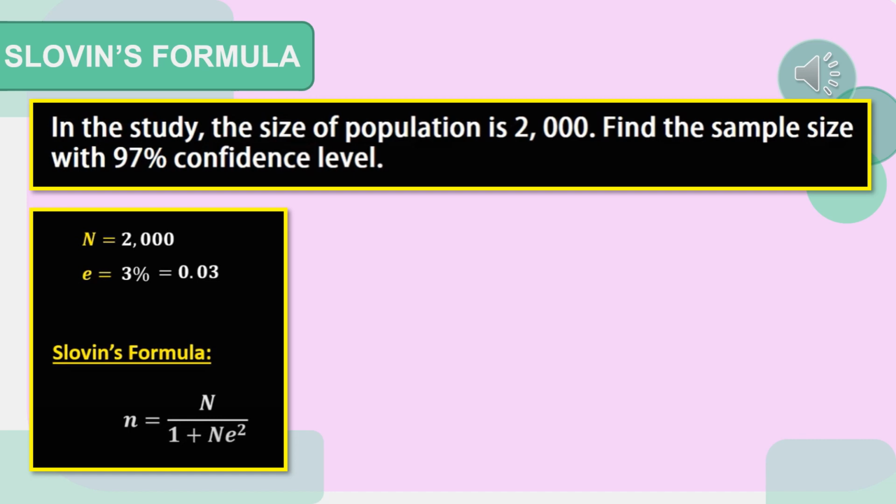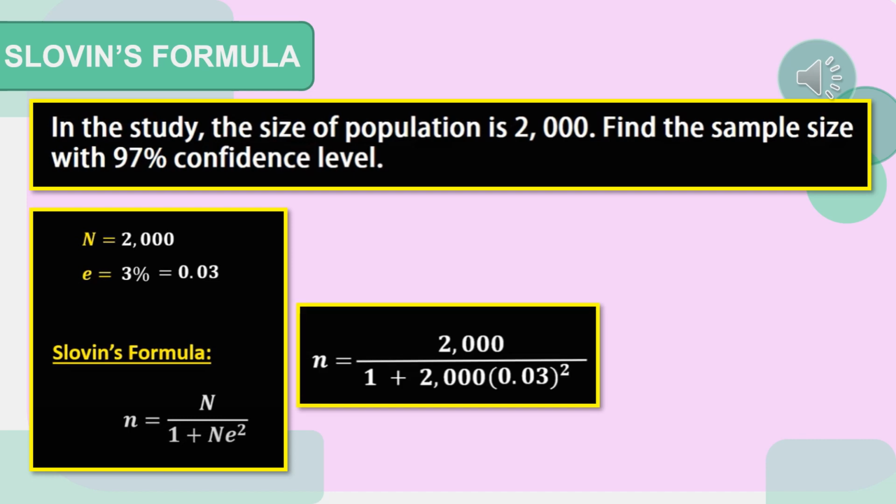Now what will be the answer? Unahin natin yung nasa denominator. Again, gamitin natin si PEMDAS. Unahin natin si parentheses. So 0.03 squared times 2,000 plus 1 is equal to 2.8.